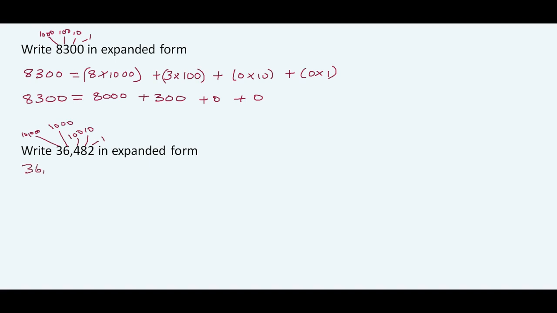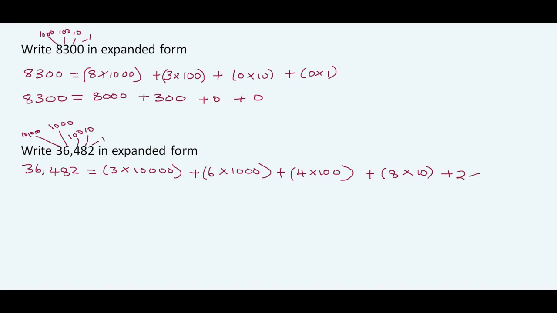So 36,482 is equal to 3 multiplied by 10,000 plus 6 multiplied by 1,000 plus 4 multiplied by 100 plus 8 multiplied by 10 plus 2 multiplied by 1.